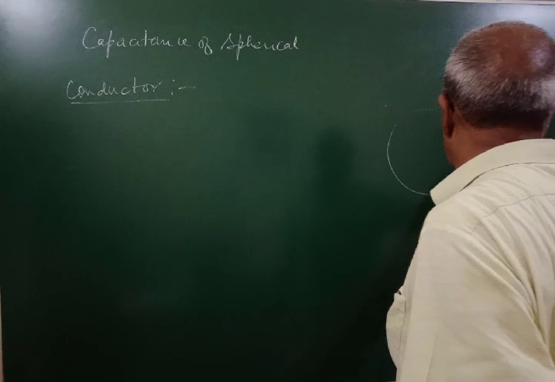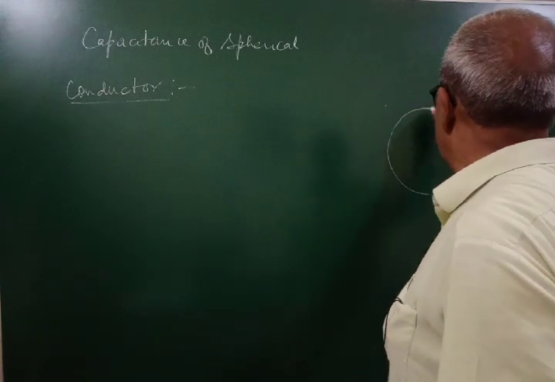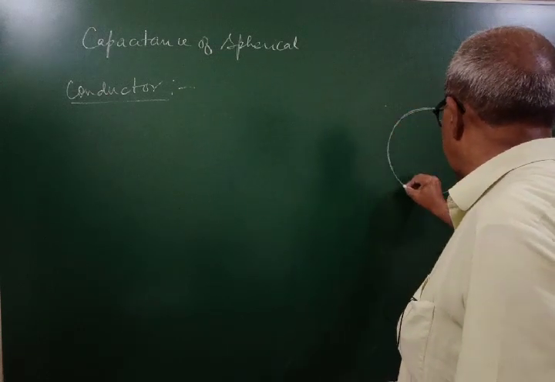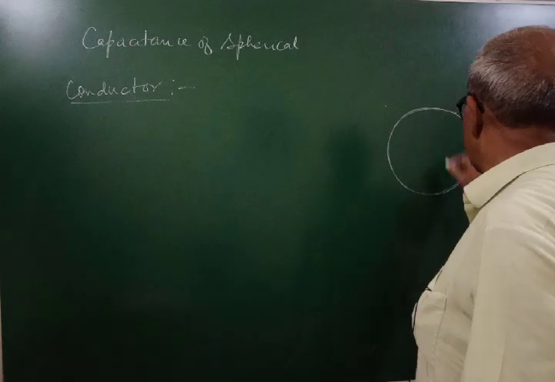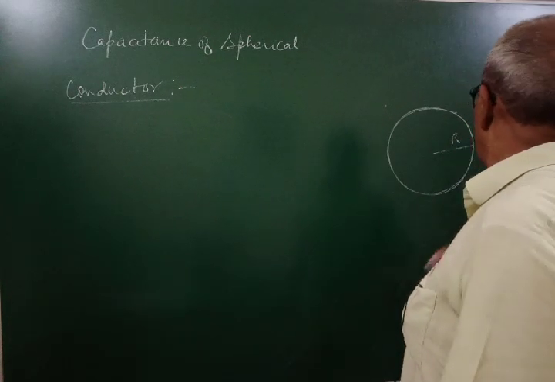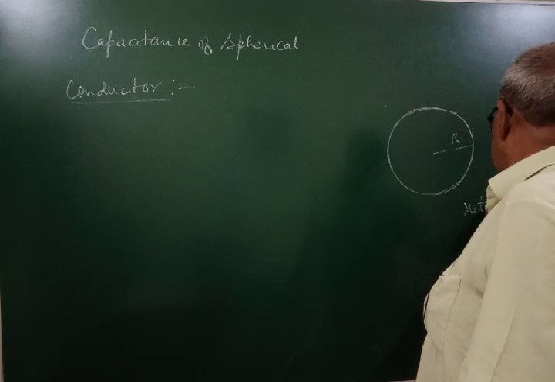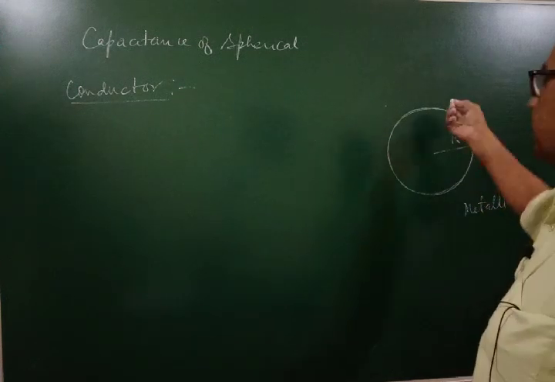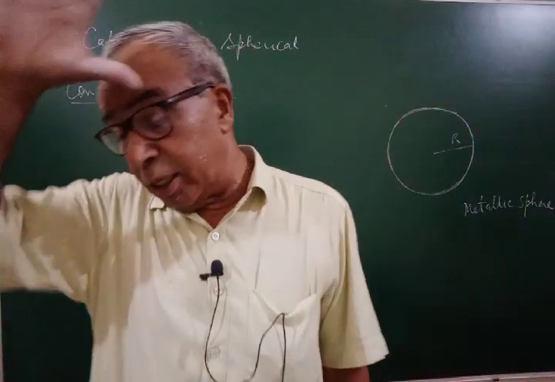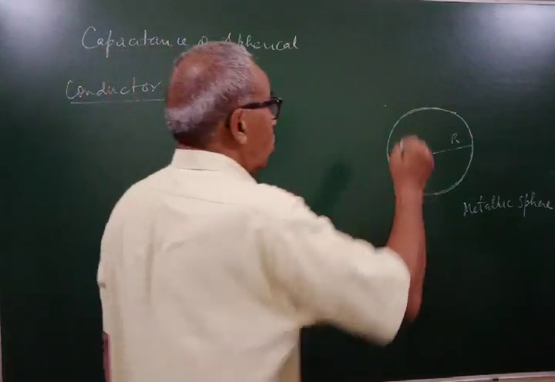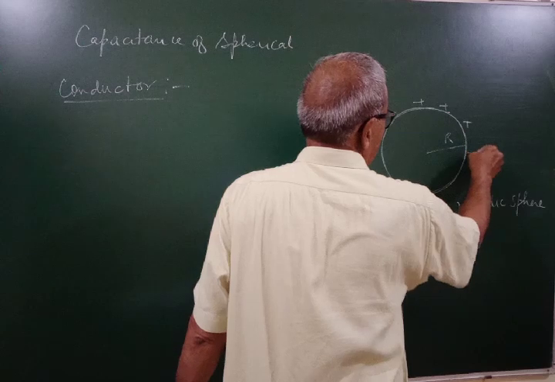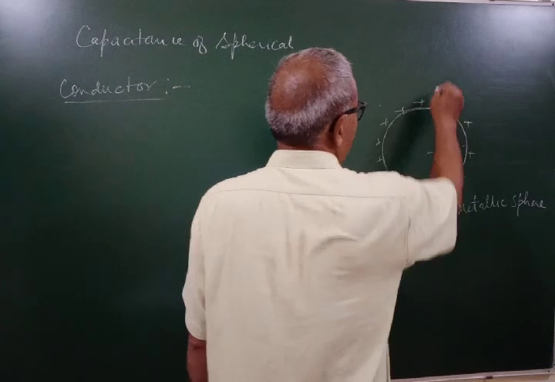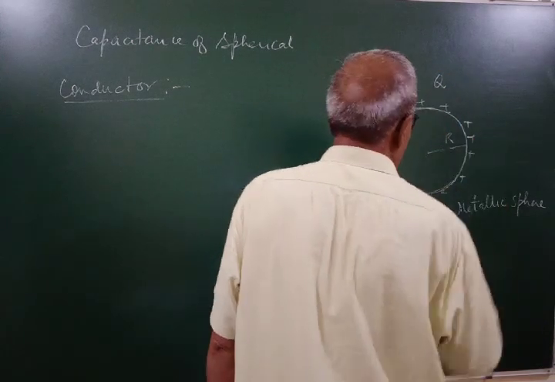Here, suppose there is a sphere, a metallic sphere of radius capital R or small r, whatever you choose. It is given some charge. We know when charge is given to a conductor, it gets spread uniformly over the surface. The whole charge Q gets distributed uniformly.